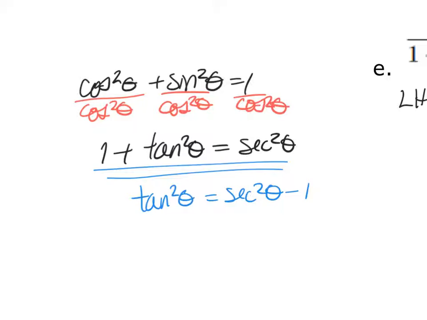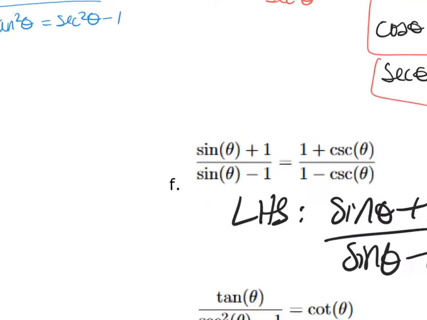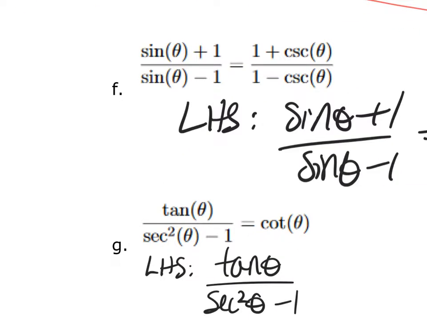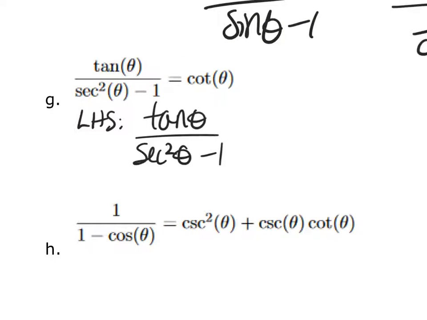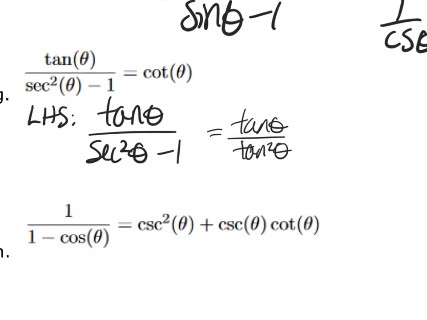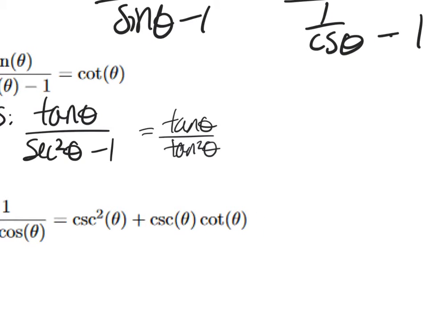So if I get that, that means down here, what can I do with that denominator? What can I do with my powers? Cancel out and reduce.